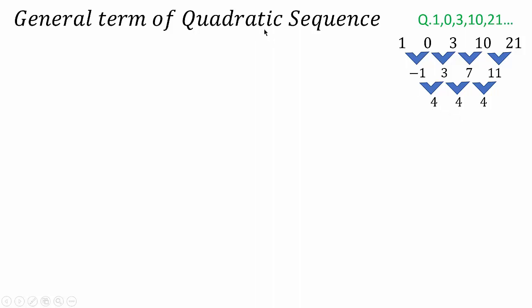So in a quadratic sequence we use two steps of finding differences to get the constant difference. This term 4 is called the constant second difference.